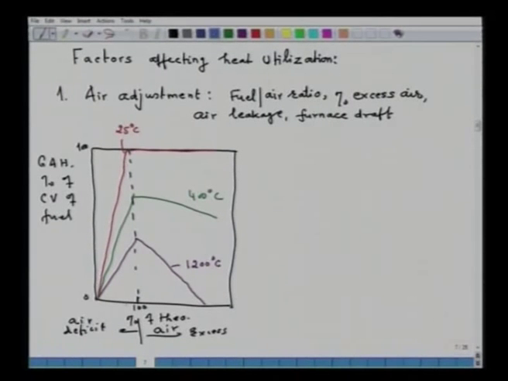And if I take a process critical temperature, say 1600 degrees Celsius, then it drops very rapidly. Now, the temperatures which I have written are just to illustrate what happens to the gross available heat if the process critical temperature increases. Say for a given type of fuel, this plot can be generated.